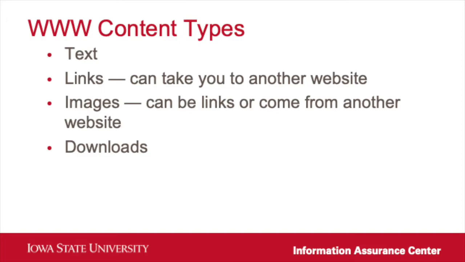So let's talk a little bit about content types. The web presents a lot of different content to you. The most common content is text, the words you see when you go to a web page. Now the text is in a pretty format. You see bold, and you see different font sizes and different fonts, but this text is the bulk of what we see and read through.